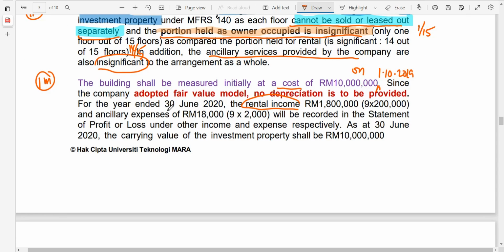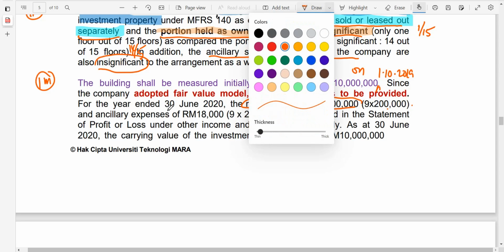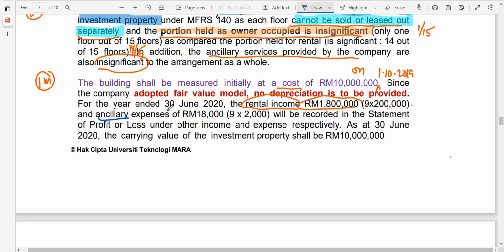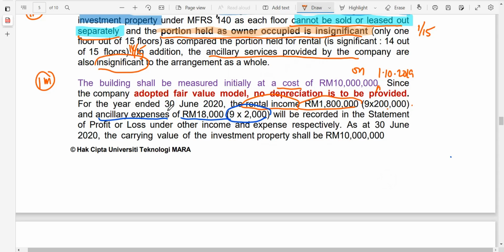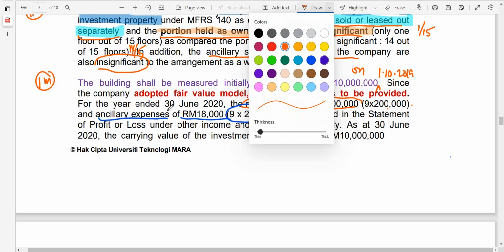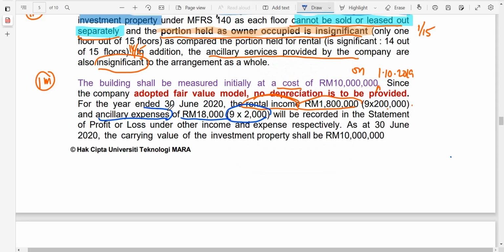So one is an income, the other is an expense. Rental income is 1.8 million, 9 months times 200,000. And another one would be your ancillary expenses of 18,000, which is 9 months times 2,000.